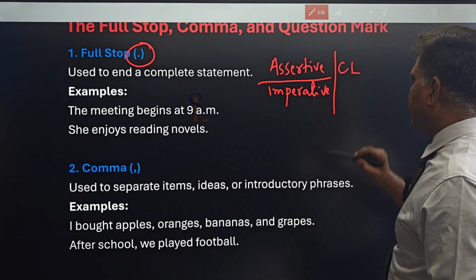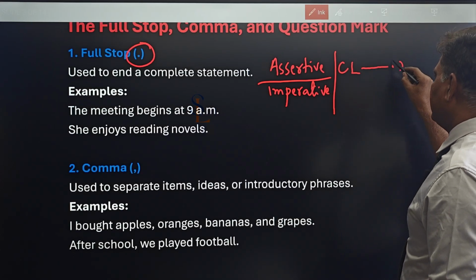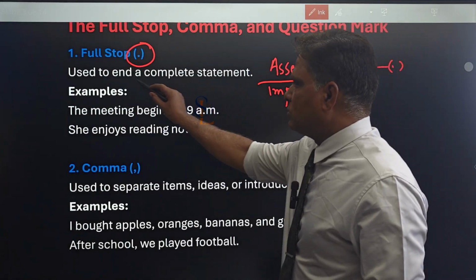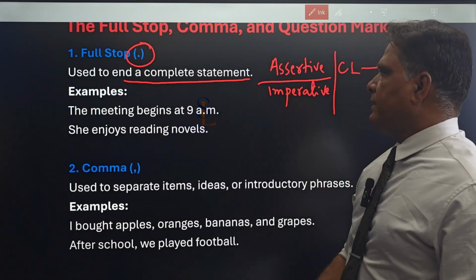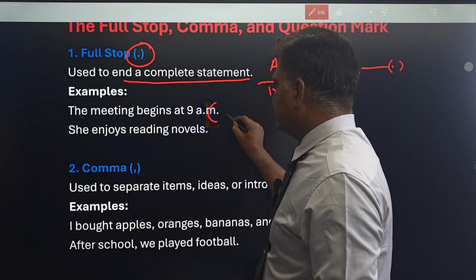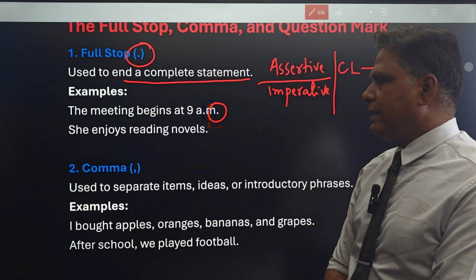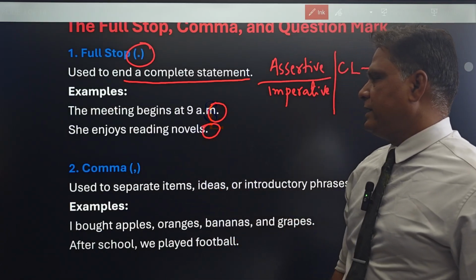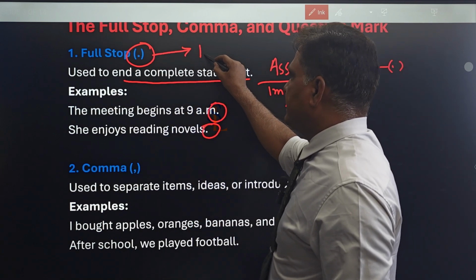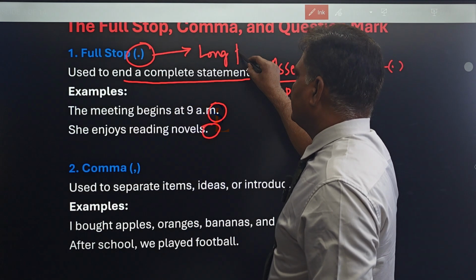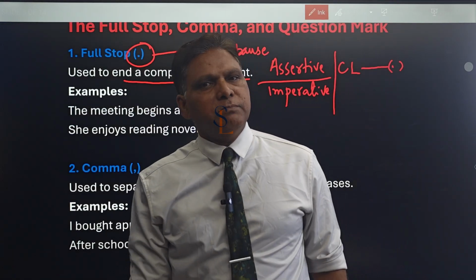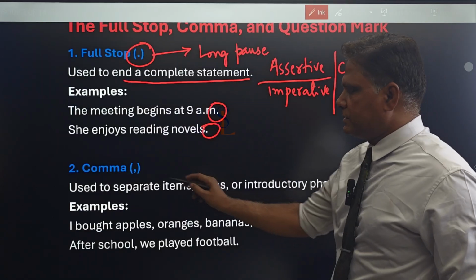These two start with a capital letter, and these two sentences also end with a full stop. So a full stop is nothing but the end of a complete statement or complete sentence. The meeting begins at 9 a.m. She enjoys reading novels. And naturally, when you are speaking, a full stop symbolizes a long pause.